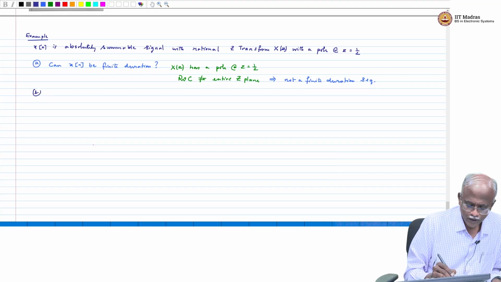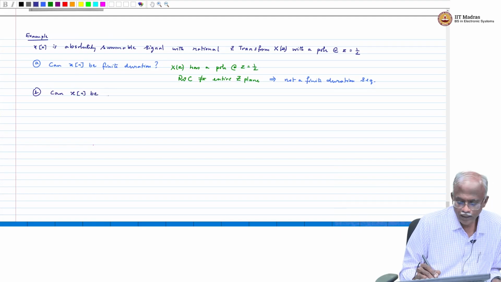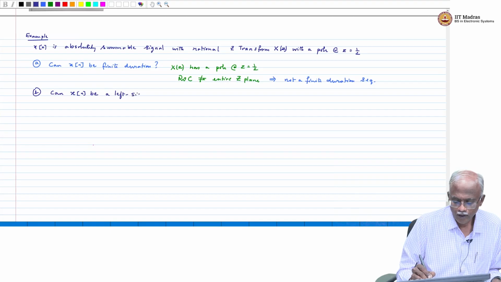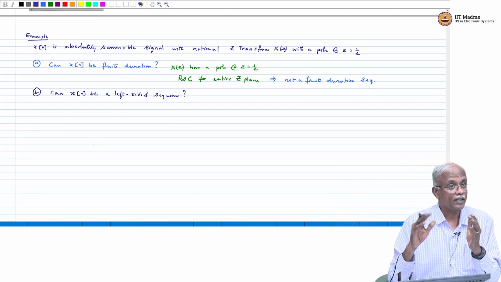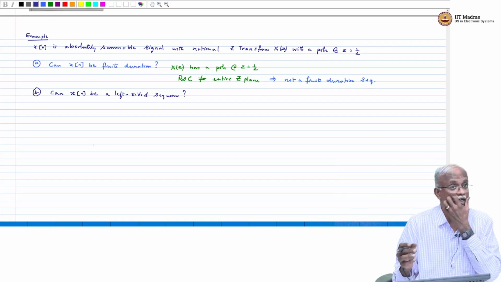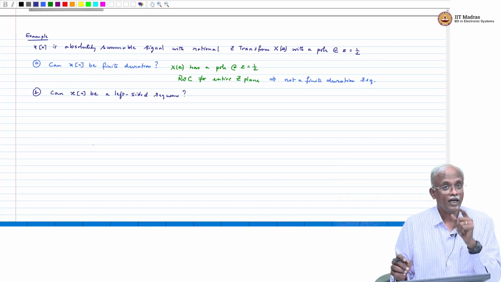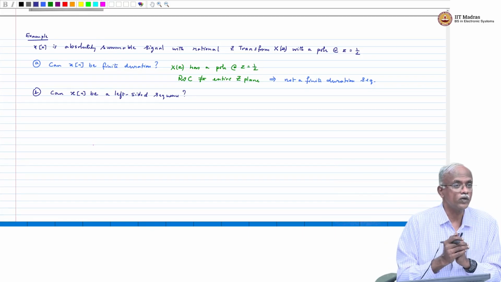Second question. Can x of n be a left-sided sequence? Where is the pole? Z equal to 1/2. Can the ROC be defined as mod z less than 1/2? Yes, of course, it can. However, if you define mod z less than 1/2, is the unit circle included or not?